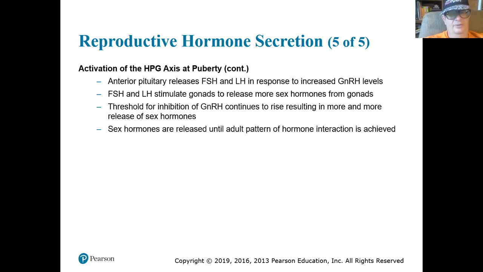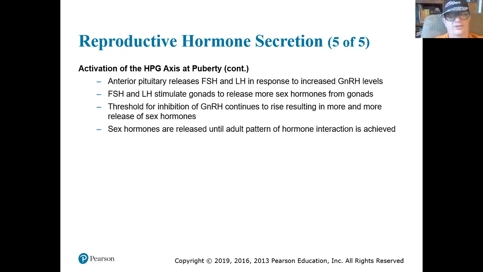That causes the anterior pituitary to release follicle stimulating hormone and luteinizing hormone in response to high levels of gonadotropin releasing hormone. You probably guessed, if they are released whenever gonadotropin releasing hormone levels rise, they must be, drumroll, the gonadotropins.